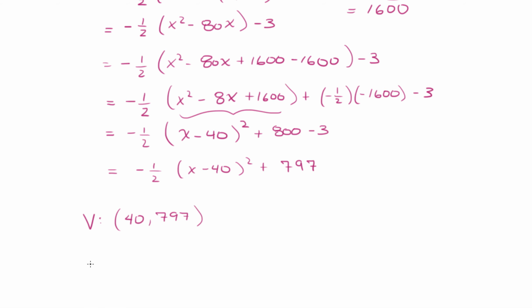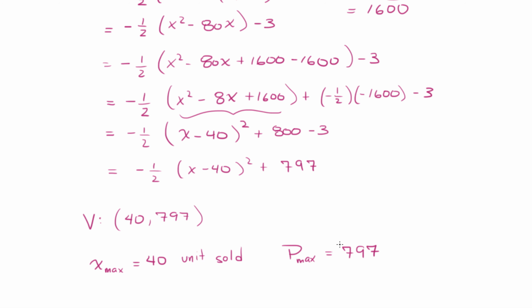Well, x equals x max equals 40. That means you need 40 units sold in order to get the maximum profit. So P max is 797. Okay? And remember, this can apply to anything.